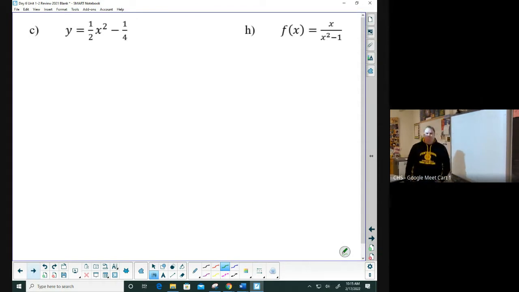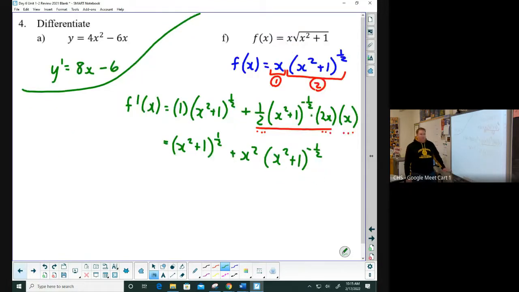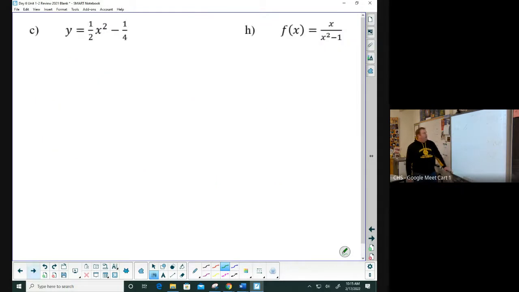Okay, C. I'm going to differentiate. Use the power rule again. Geez. A, B, and C all look the same, right? Just using this rule. I don't care if it's a fraction. No big deal. Derivative of this. Bring that down. 2 times a half is 1. Oh, not x squared, x.